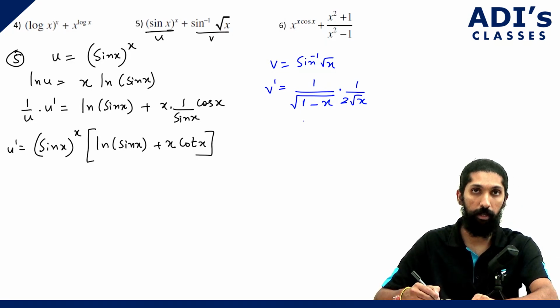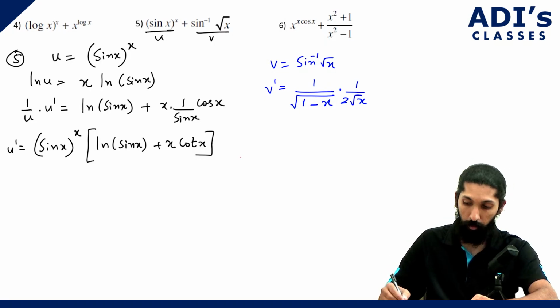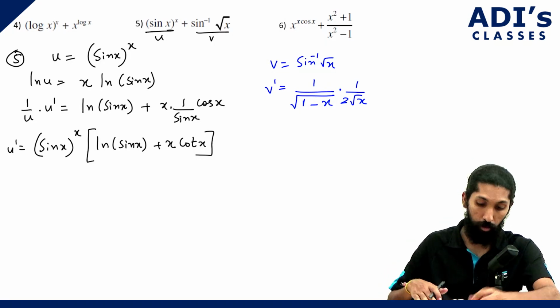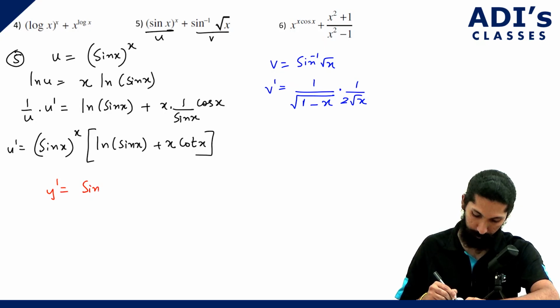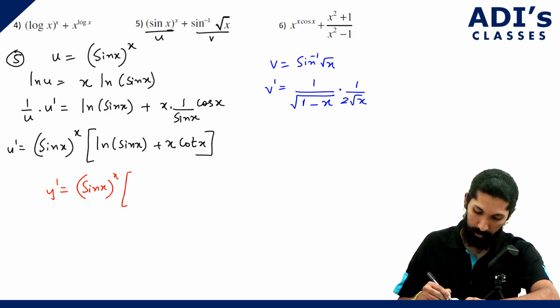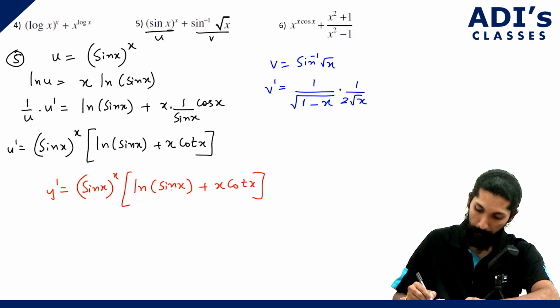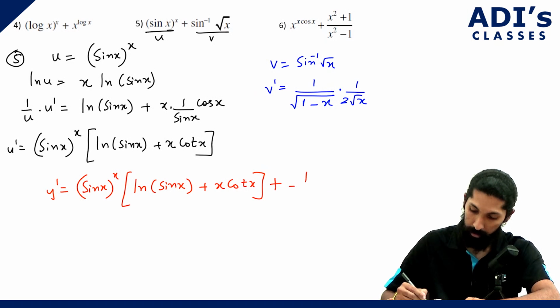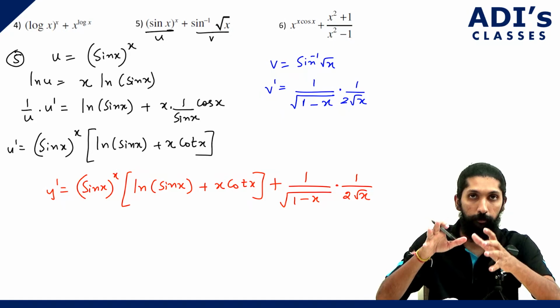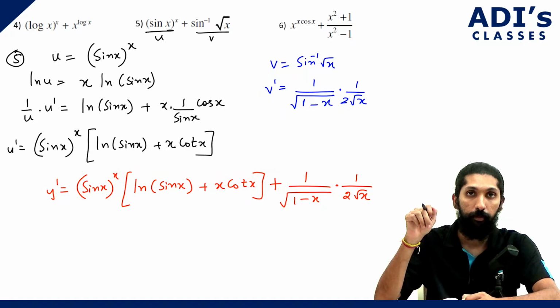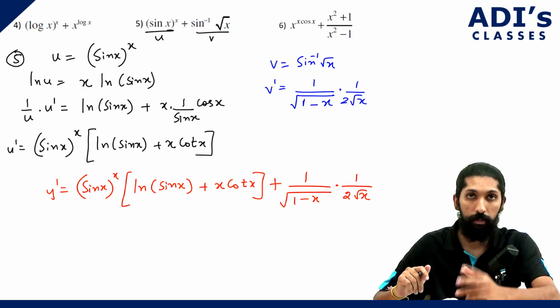So we have this as v dash. Now you just add the values because it's u plus v, right? So y dash is equal to (sin x) to the power of x into (log of sin x plus x cot x), this is u dash, plus 1 by root of 1 minus x into 1 by 2 root x. This is going to be the final answer for the fifth one. Again, you don't have to take the log for the second part.